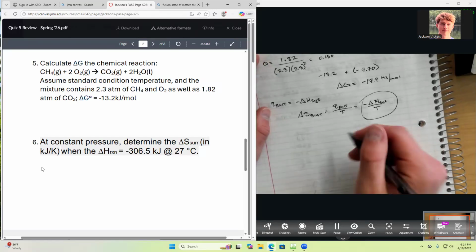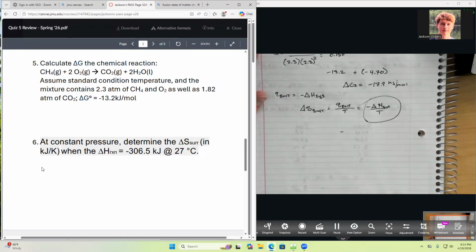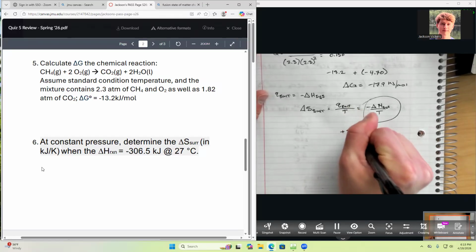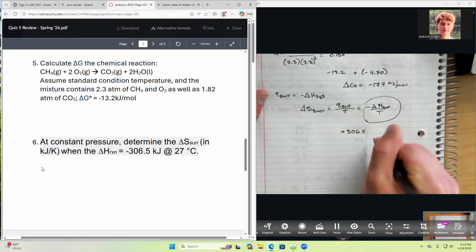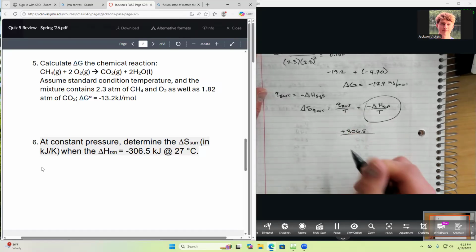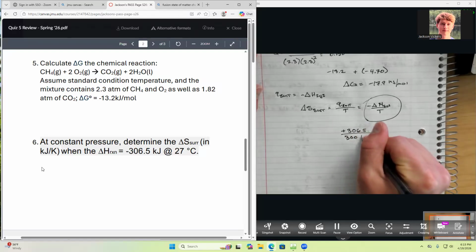So for this one, the answer would be if it's negative 306.5 in the system, we're going to make it positive 306.5 in the numerator over, I guess, what's 27 plus 273 is 300 Kelvin.